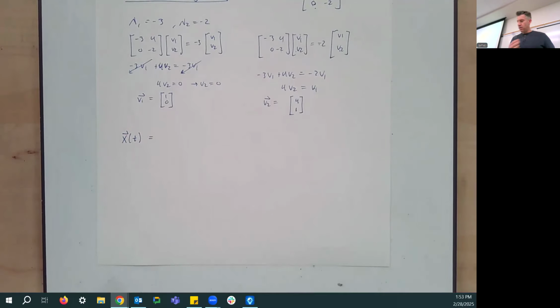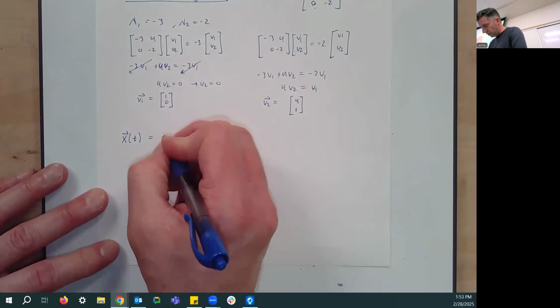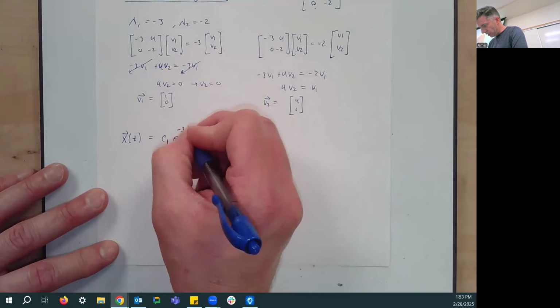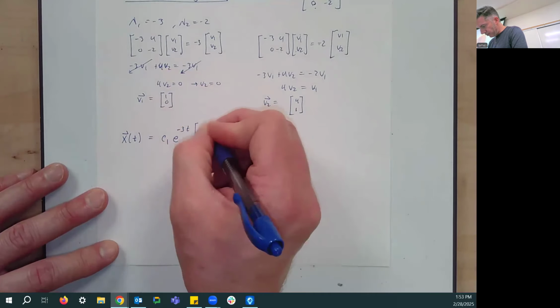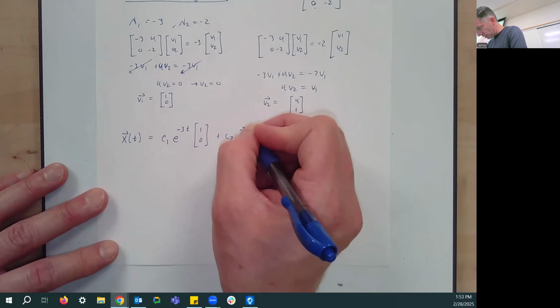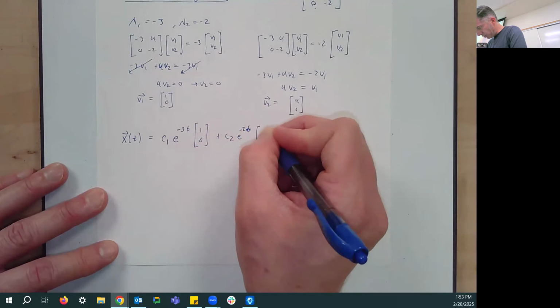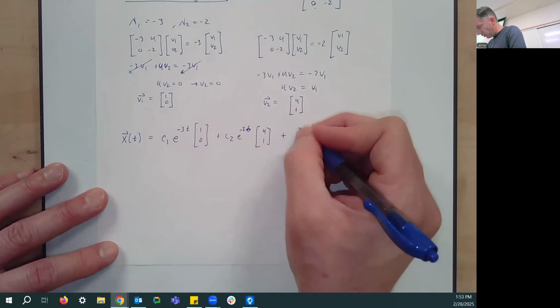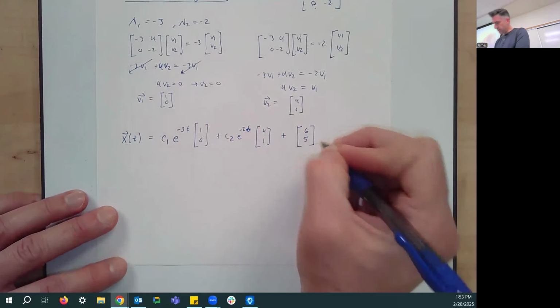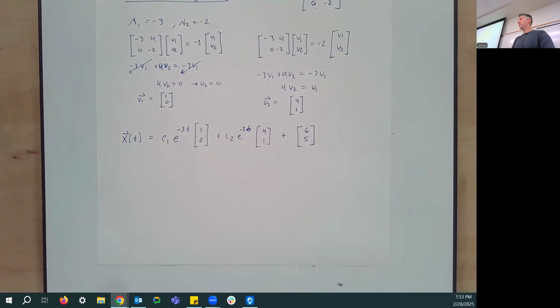Your solution is x equals C1 e to the lambda1 t times v1 plus C2 e to the lambda2 t times v2, and then you add on your equilibrium. That's your general solution.